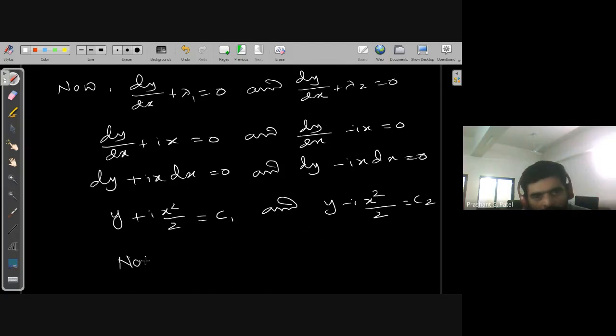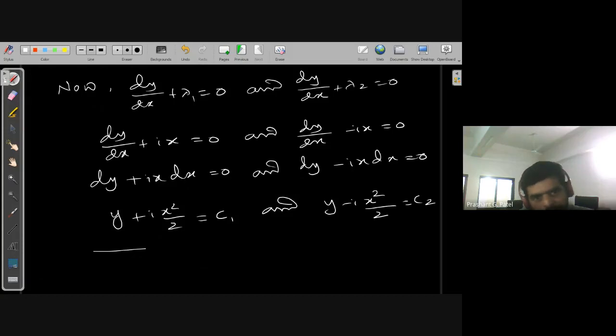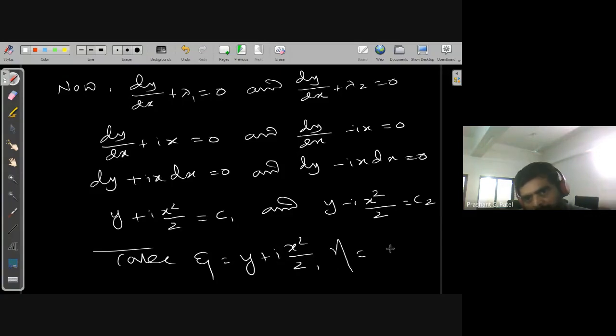So now the value of xi is equal to y plus ix square by 2 and eta is y minus ix square by 2. And if you proceed in this manner by taking xi and eta, the solution contains i, which is complex, and we are not looking for the solution in a complex form.